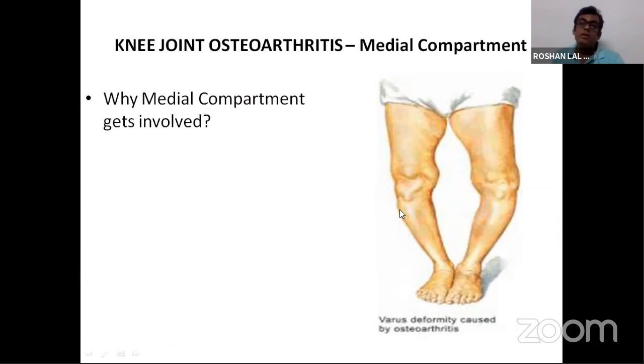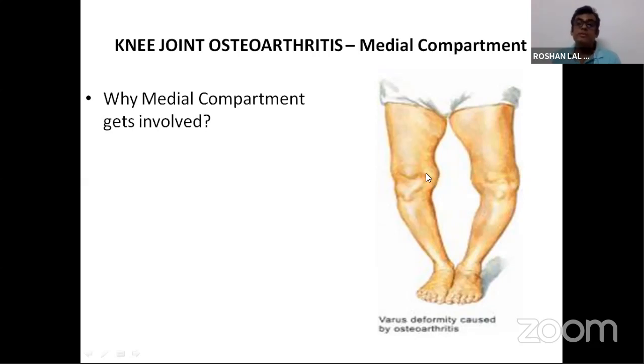Now, because the medial compartment is involved, and in osteoarthritis the thickness of the cartilage is reduced, there is exposure of the bone. So when thickness is reduced, there is approximation of the bones. The subchondral bone of the femur and the subchondral bone of the tibia will come closer.